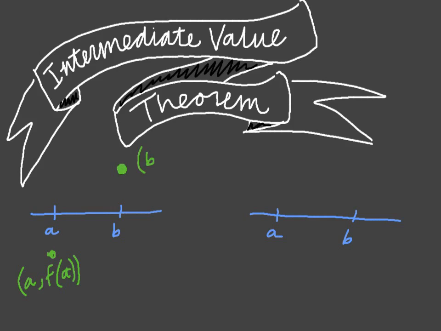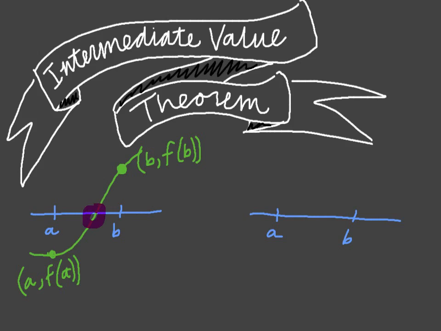So this is B, f of B. Okay, and since I know that I'm dealing with a polynomial function, I know that it is smooth and continuous like we talked about last class. So at some point in between A and B, my polynomial has to cross the x-axis.